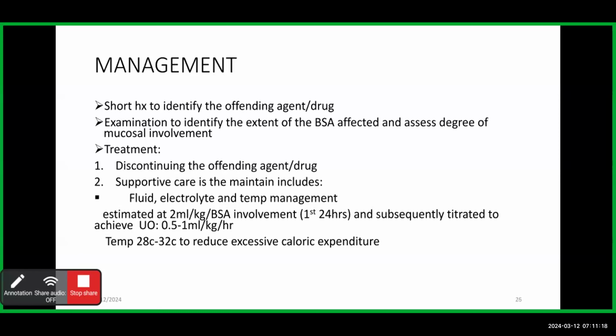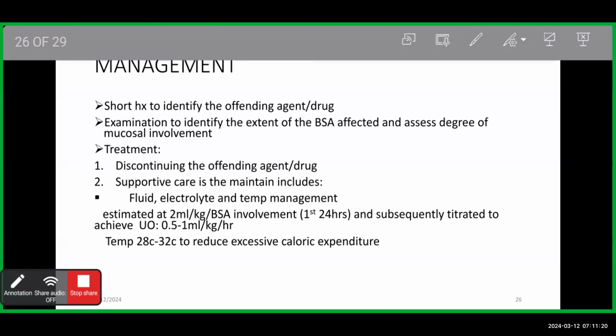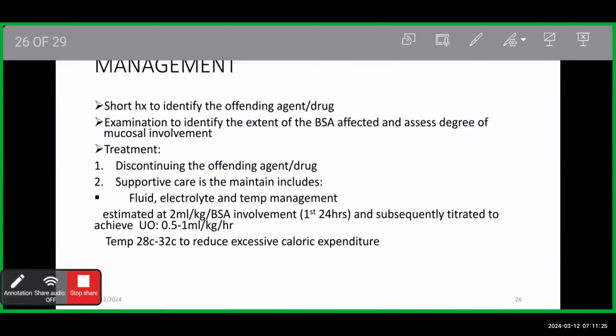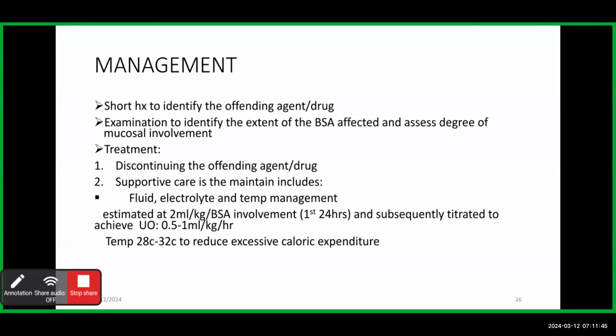So for the management of the patient, the most important thing is to identify the offending agent, which you have to discontinue as soon as possible. Then you apply supportive care, which includes fluid, electrolyte and temperature management, like I alluded to earlier when I was answering the question.